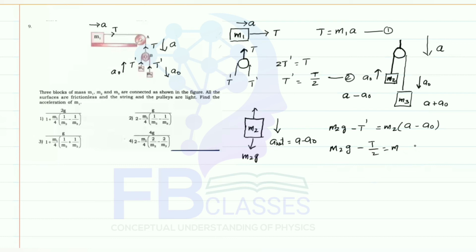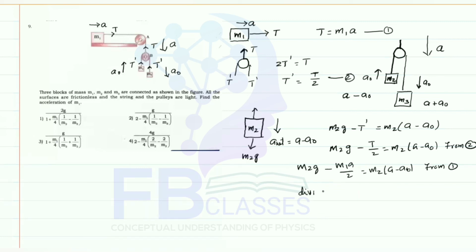From the second equation, T by 2, that is equal to M2 into a minus a naught. So from the second equation. So now M2g minus T value is how much, my dear? From the first equation, M1a. So M1a by 2 is equal to M2 into a minus a naught from equation 1. Yes or no?